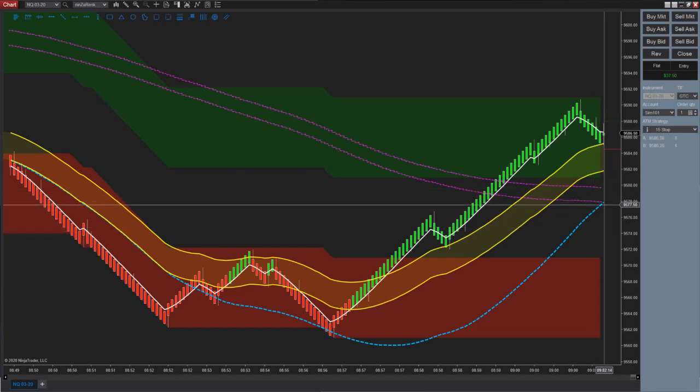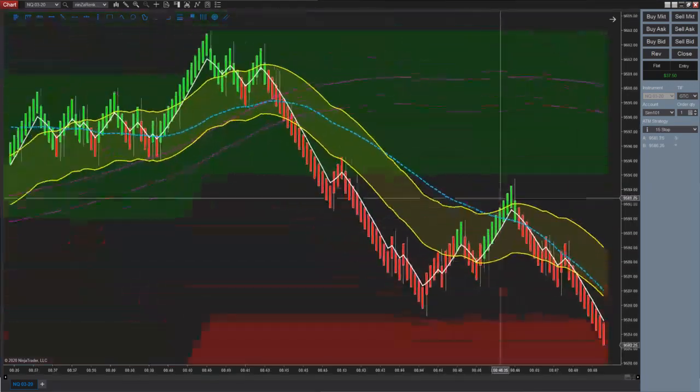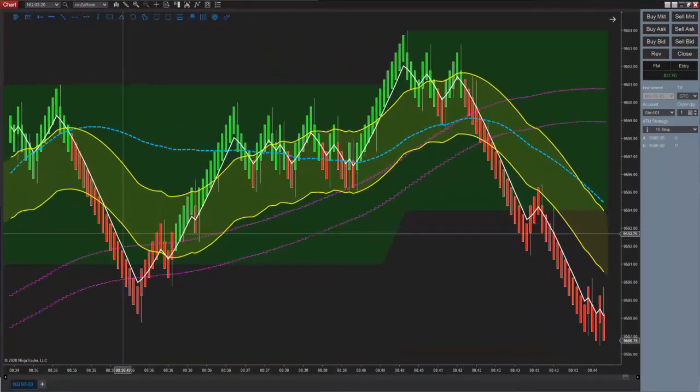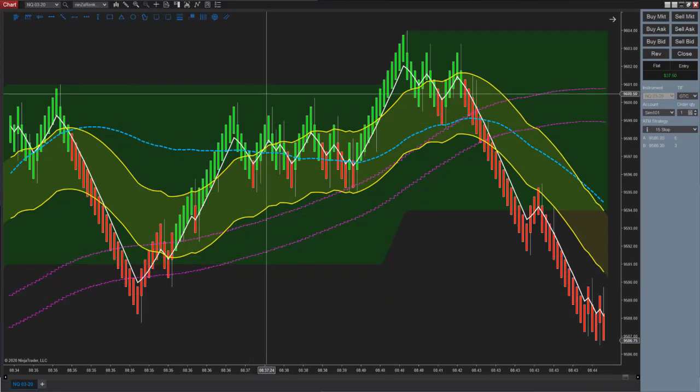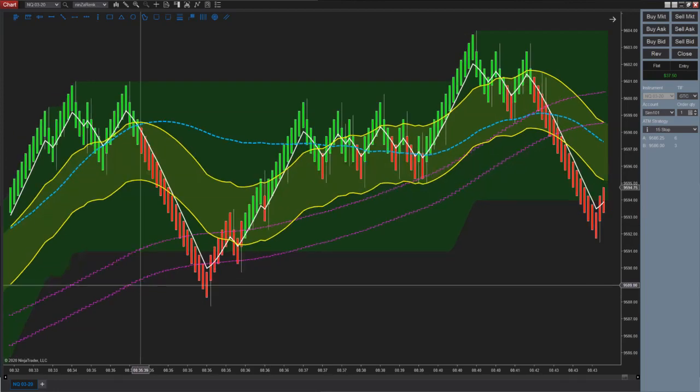Big support zone here. See, a lot of times it respects. This is a 40 tick run. That's why I like these zones.